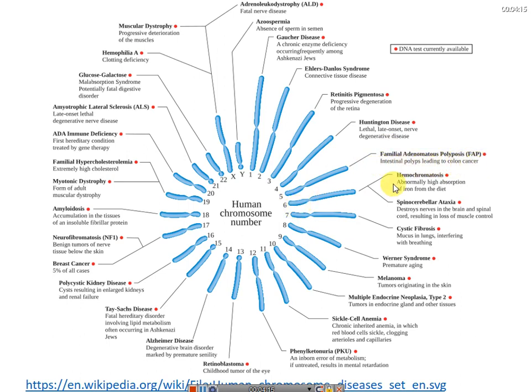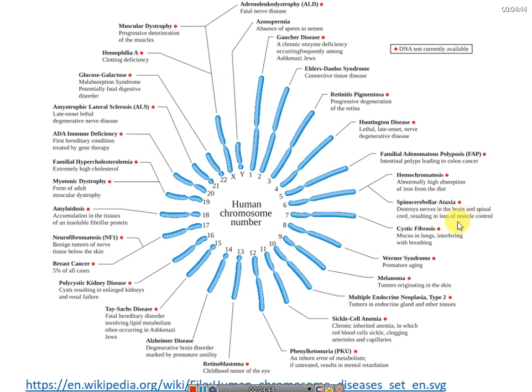Then we have hemochromatosis, where abnormally high iron is absorbed from the diet, and spinocerebellar ataxia, where nerves are destroyed in the brain and spinal cord, resulting in loss of muscle control.